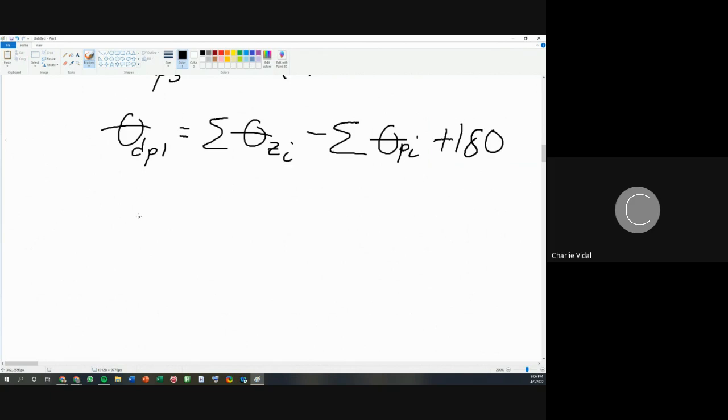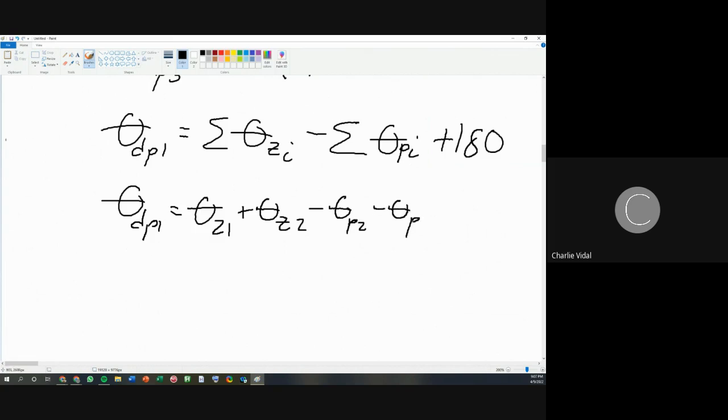And we're going to do that. We found these values already. I could expand it out, by the way, just so that it's a little bit clearer. Theta z1 plus theta z2 minus theta p2 minus theta p3 plus 180.